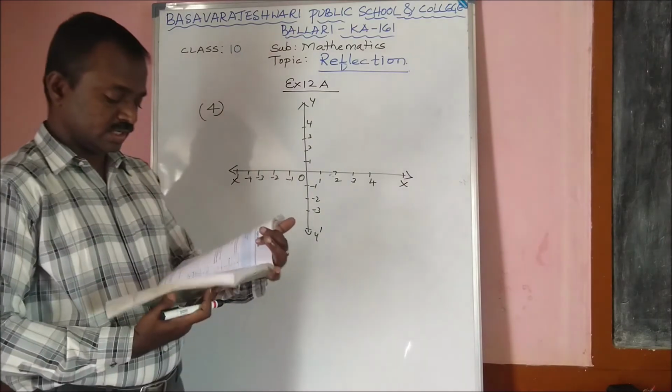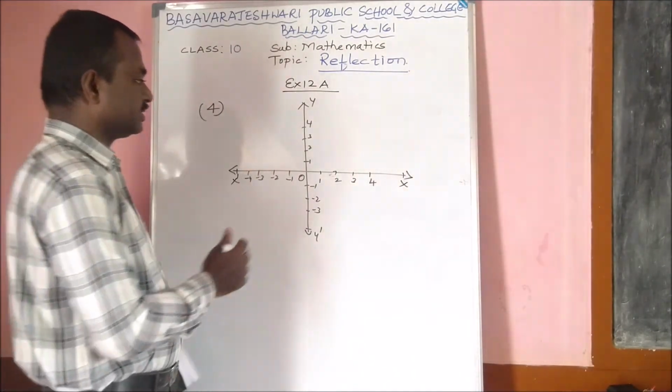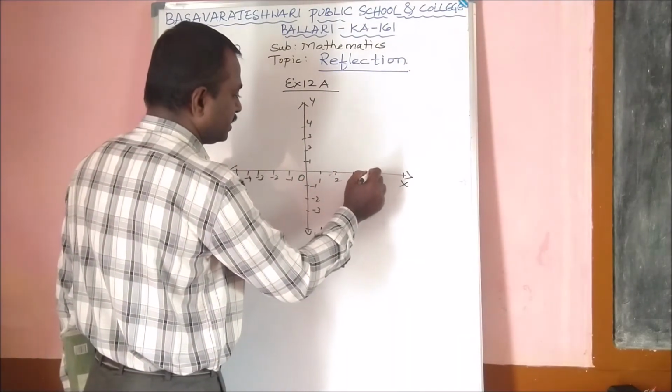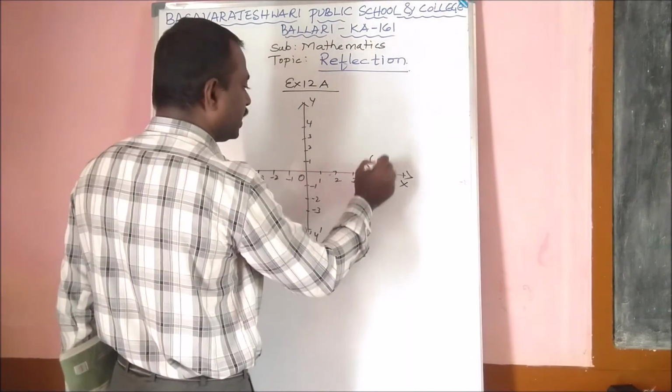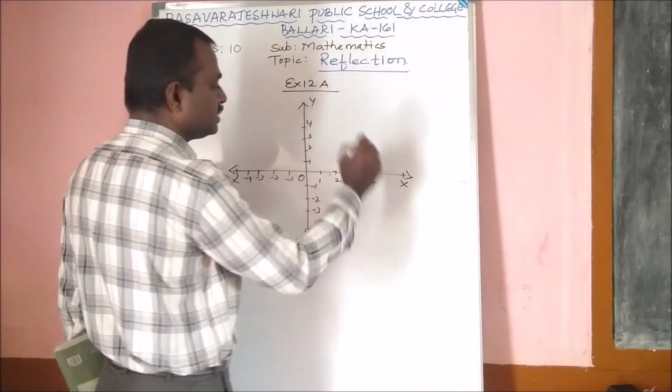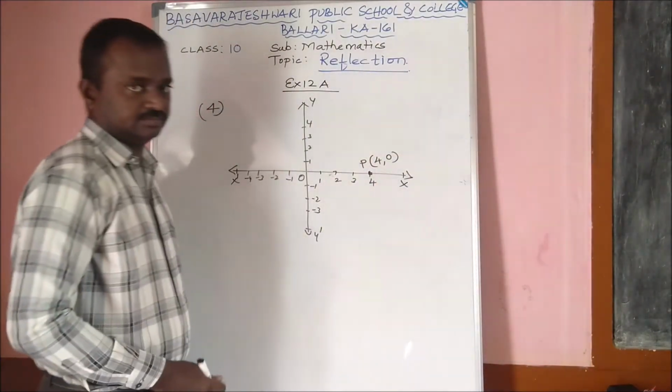Now they have given the question: a point lies on the x-axis at a distance of 4 units from the y-axis. What are the coordinates of this point? Suppose I call it P. So its coordinates are (4, 0).